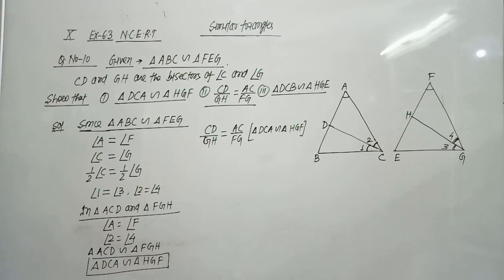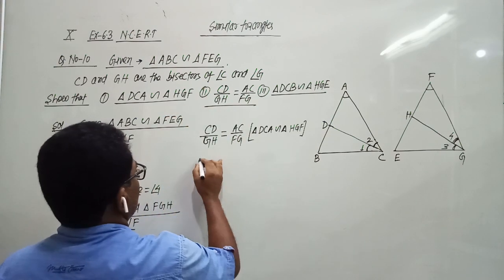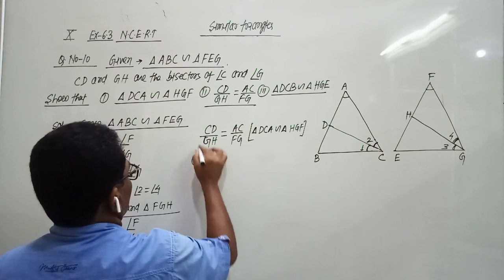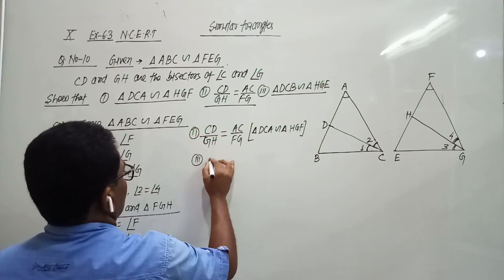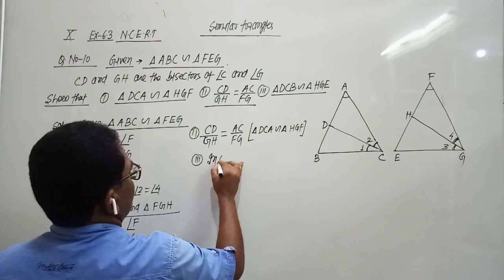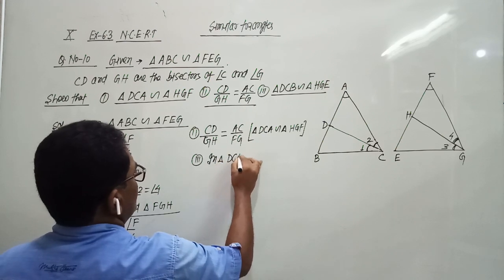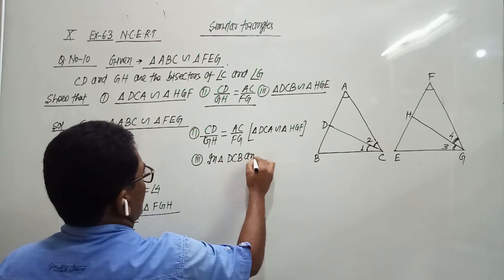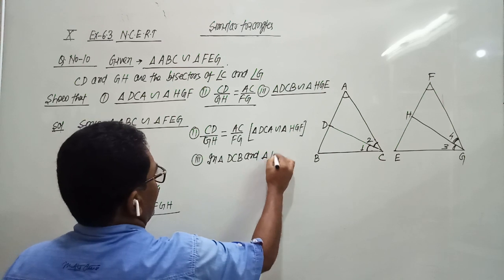Now for the third part, we take two triangles, triangle DCB and triangle HGE.